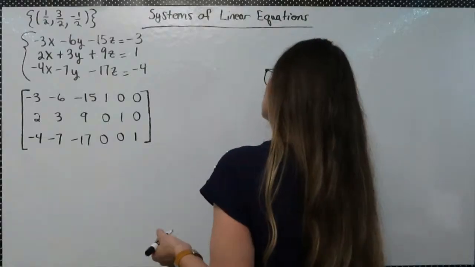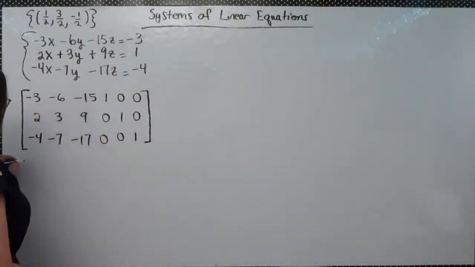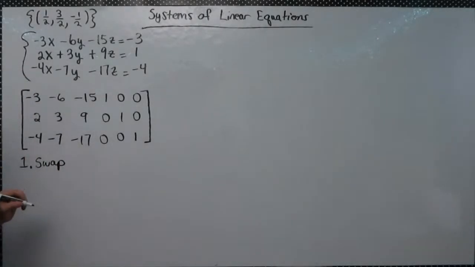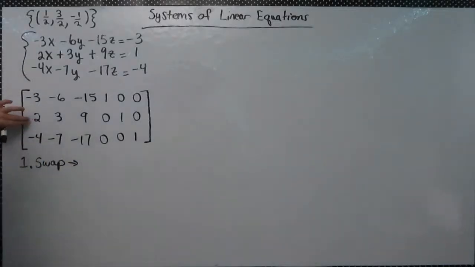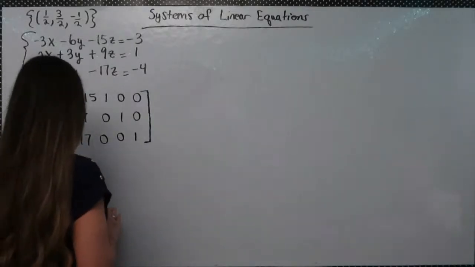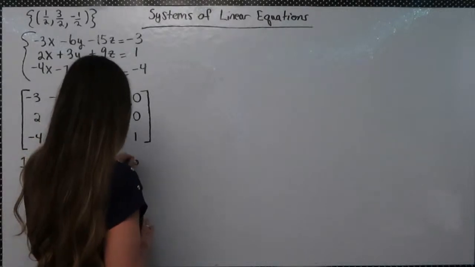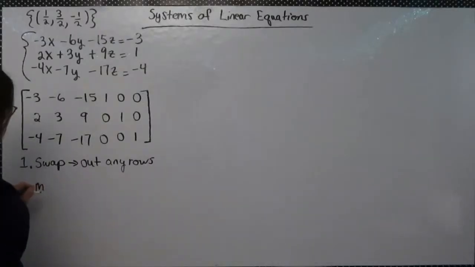So the rules: rule number one, you can swap, essentially change the order of, switch the rows out. So we'll say swap out any rows. Rule number two is you can multiply a row by a scalar.